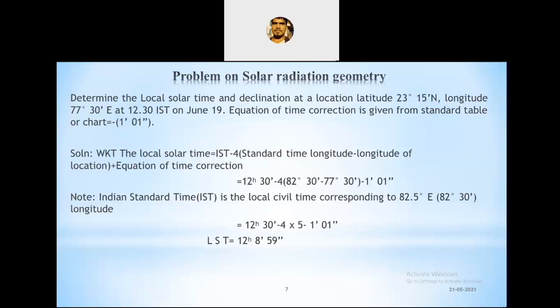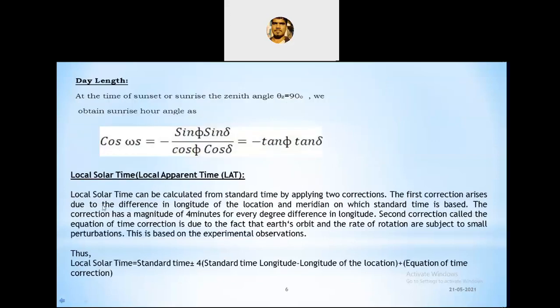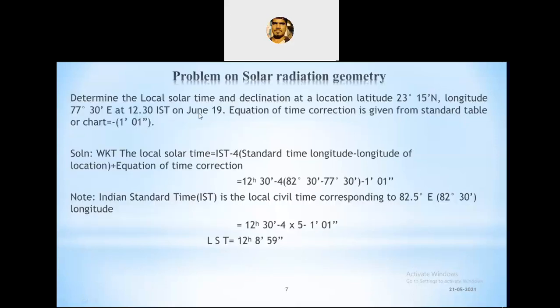So we have the equations. For local time, the same equation we just discussed for the solar local time can be used. Here the IST time is given already: 12 hours 30 minutes, minus 4 times the standard longitude.